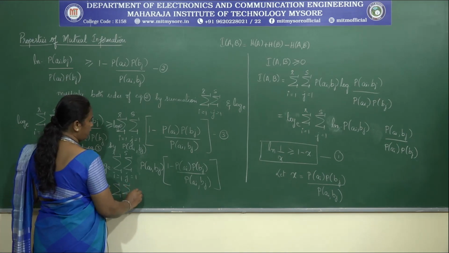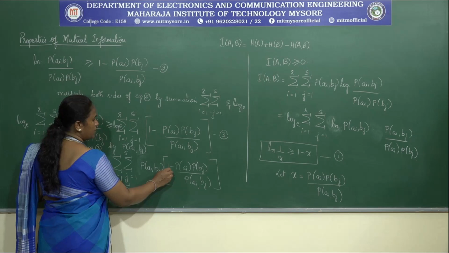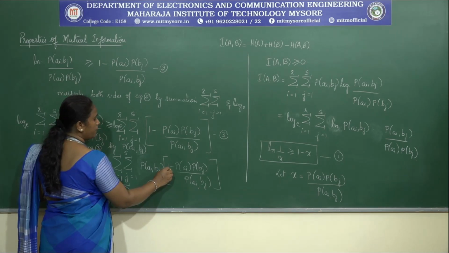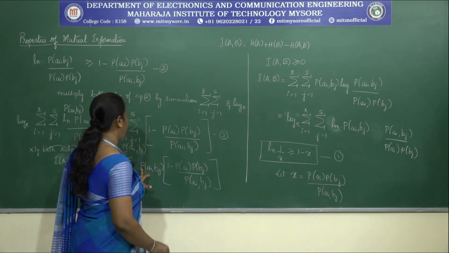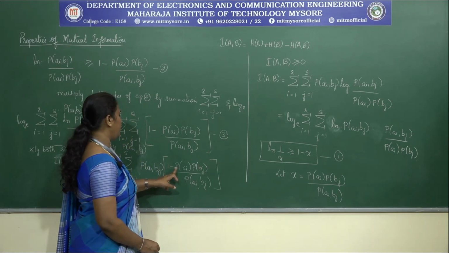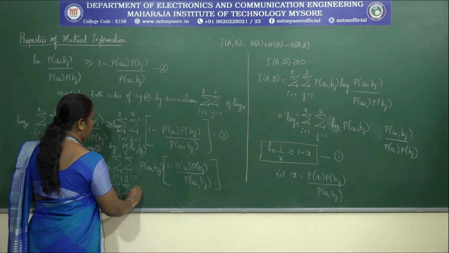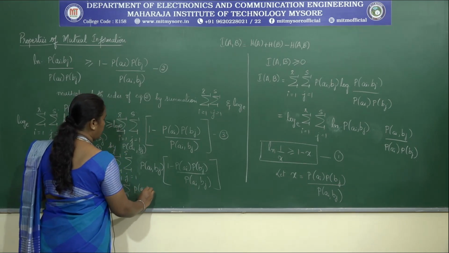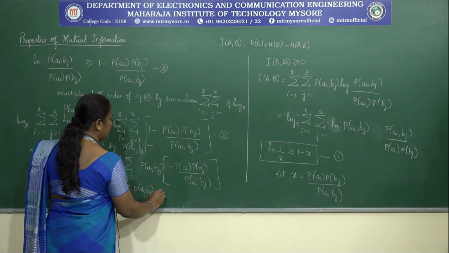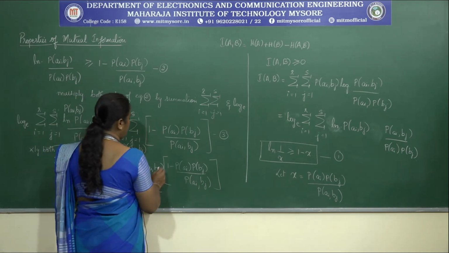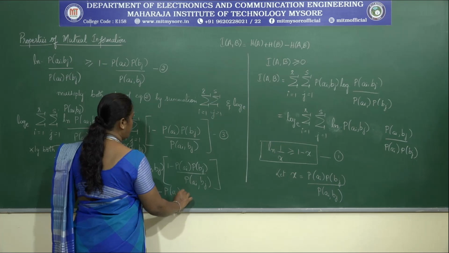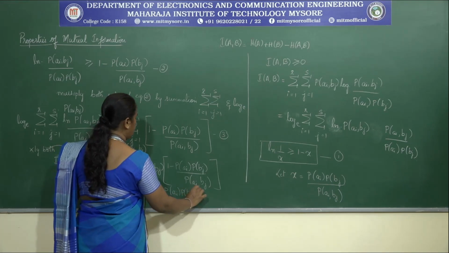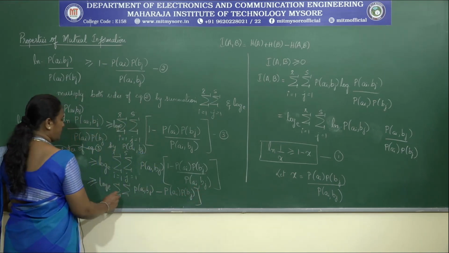summation, so if we consider P of ai comma bj inside, this will be P of ai comma bj minus P of ai into P of bj. This and this get cancelled. Okay.